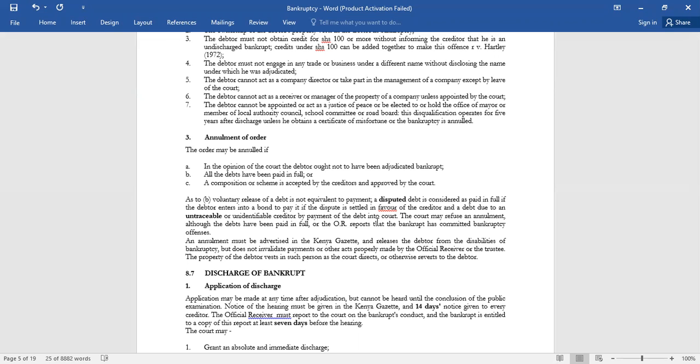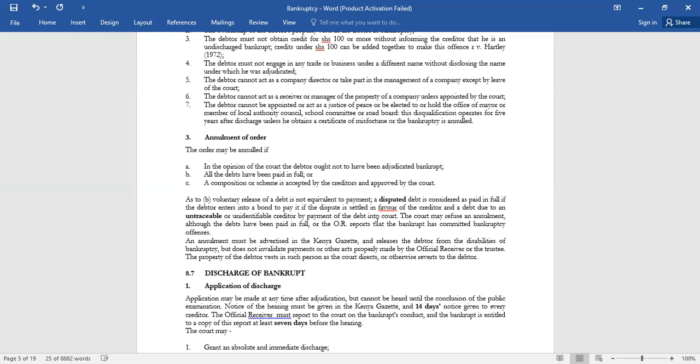When the debts have been paid in full, note that voluntary release of a debt is not equivalent to payment. A disputed debt is considered as paid in full if the debtor enters into a bond to pay, if the dispute is settled in favor of the creditor, and a debt due to an untraceable or unidentifiable creditor by payment of the debt into court.